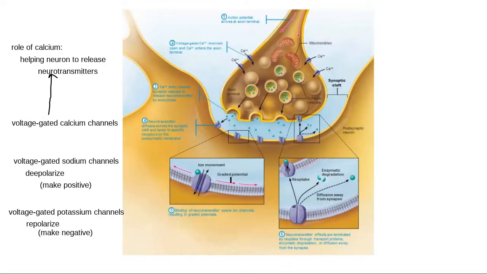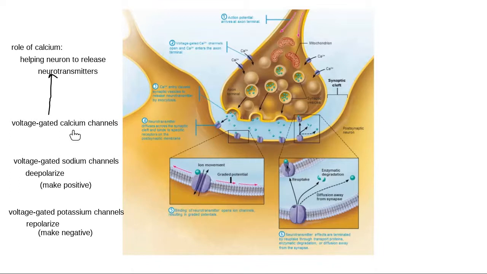You have questions on the homework assignment that ask you about the kinds of channels that we find at the axon terminal down here. There are 3 kinds that we find at the axon terminal. The first kind, we only find it there. It's nowhere else on the neuron, just at the axon terminal: those voltage-gated calcium channels.